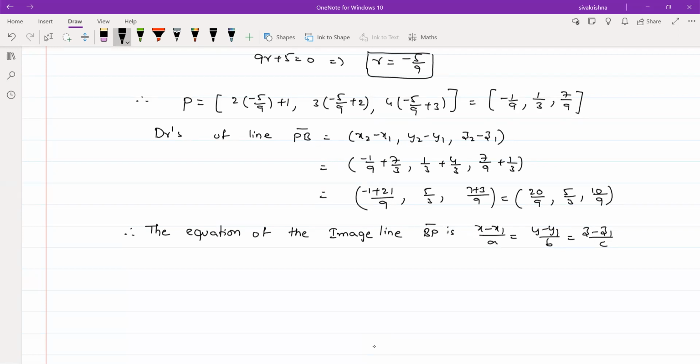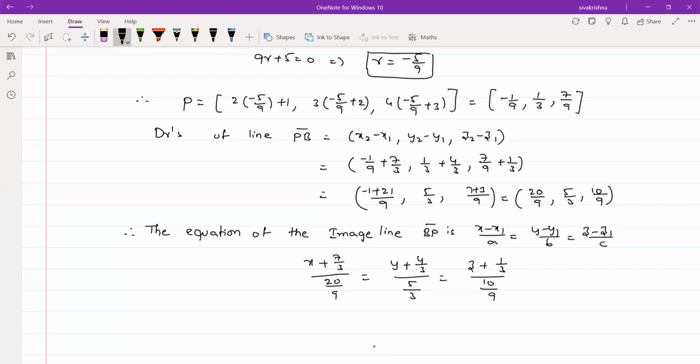So we have to treat either the point B or P as x1 y1 z1. And we are also having the DRs A, B, C values as 20 by 9, 5 by 3 and 10 by 9. So that we get x minus of minus means x plus 7 by 3. I am treating the point B as x1 y1 z1. So by 20 by 9 is equal to y minus y1, so that we get y plus 4 by 3 by 5 by 3 is equal to z plus 1 by 3 by 10 by 9.